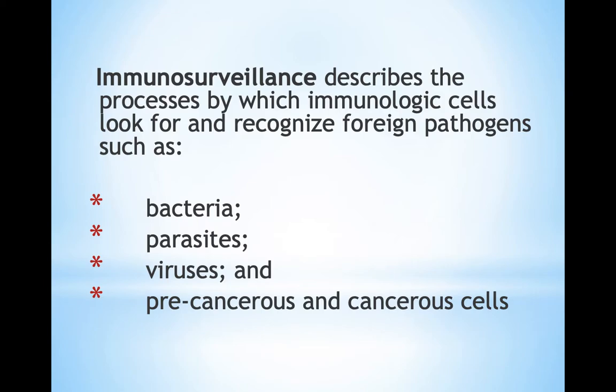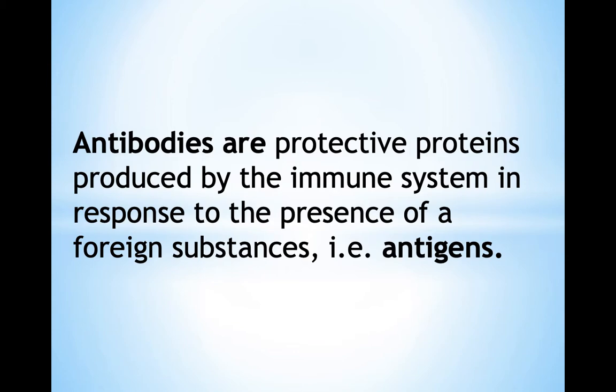On the other hand, antibody production is an activity mostly carried out by the B cells that differentiated into plasma cells. We remember from module number 4 that antibodies are protective proteins produced by our body in response to the presence of a foreign substance or a foreign cell.